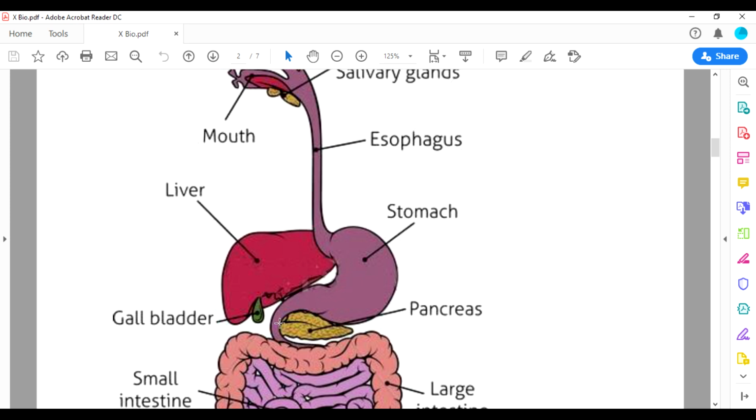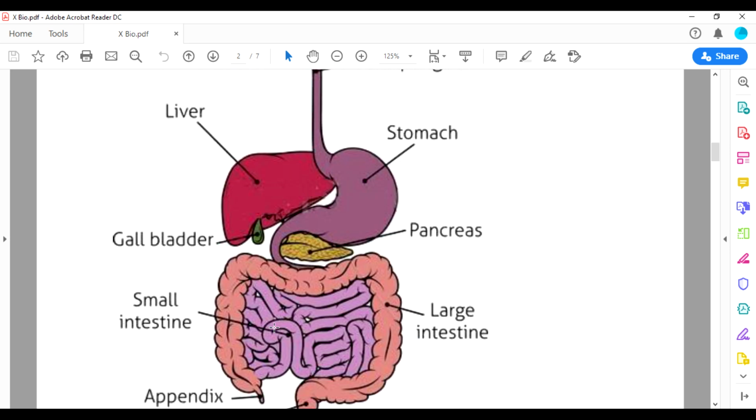The stomach extends into a long tubular part of the digestive tract called the small intestine. The small intestine has three parts: duodenum, jejunum, and the last is called the ileum. The small intestine is the most coiled and longest part of the alimentary canal.